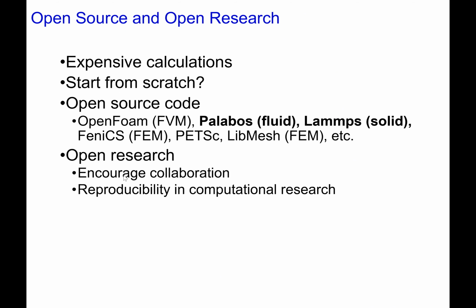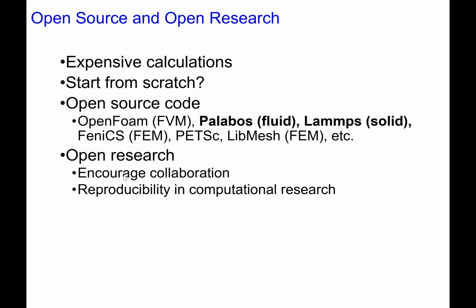The approach we took is we don't want to reinvent the wheel. We want to make use of existing open source code. There are many high quality open source codes. We picked Palabos and LAMMPS. Palabos is for the fluid. LAMMPS is a molecular dynamics simulation for the solid.